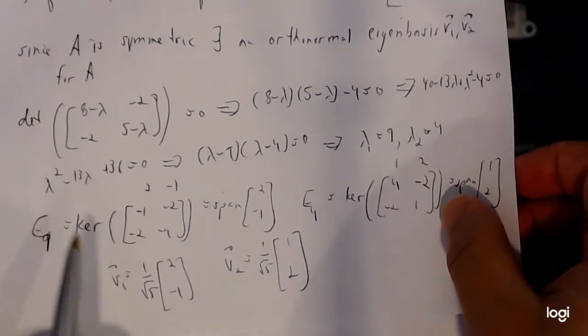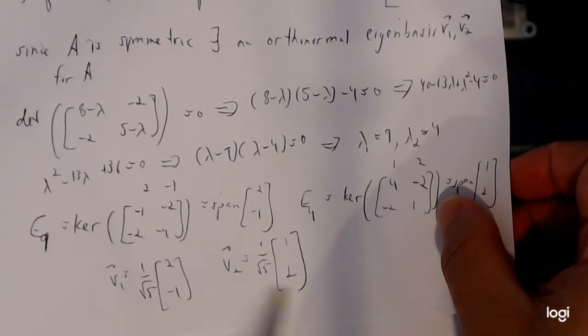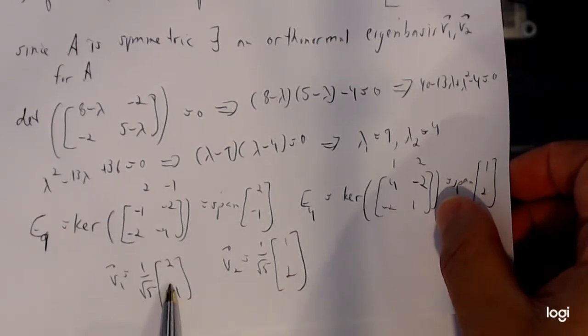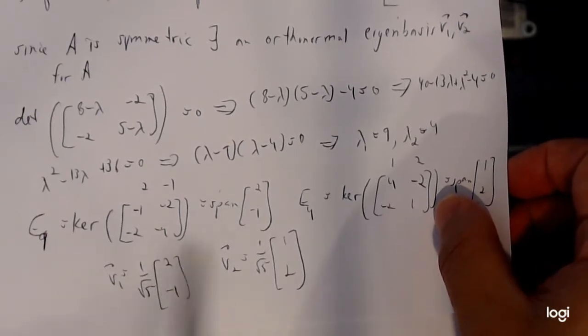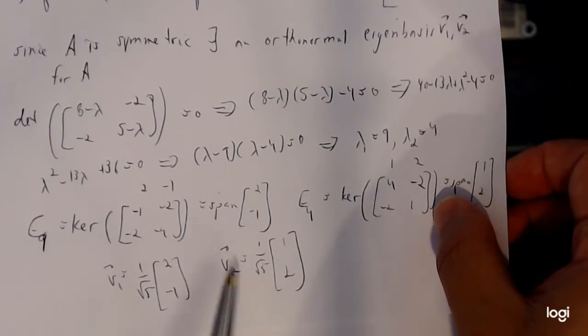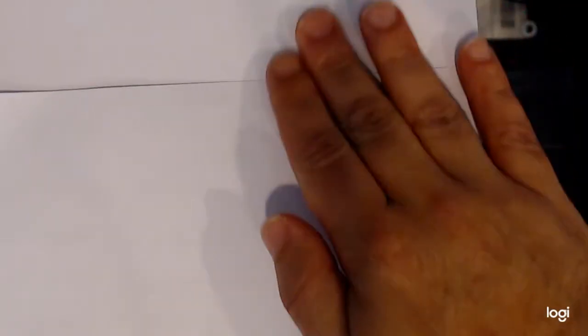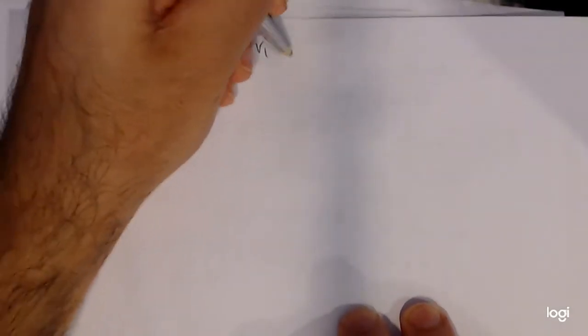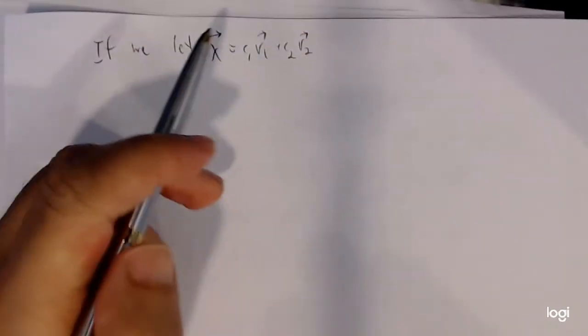So what do I know here? This is my eigenbasis. So it will span all the vectors in the space that I'm dealing with, or all of R2. So going back to what we were saying, now that I know that v sub 1 and v sub 2 is an eigenbasis, we could say, if we let vector x equal c1 v sub 1 plus c sub 2 v sub 2, here's what we know.